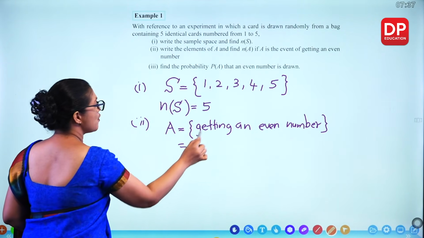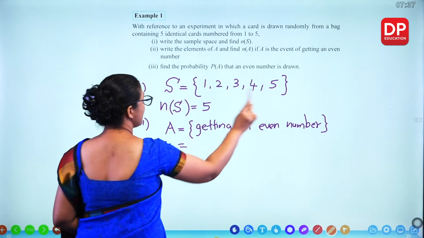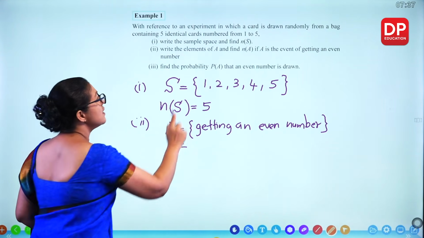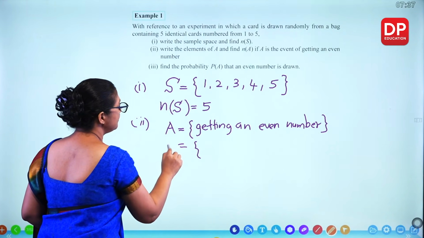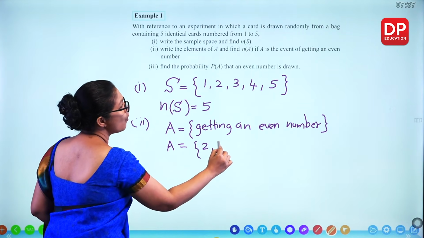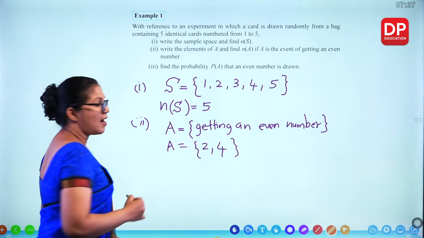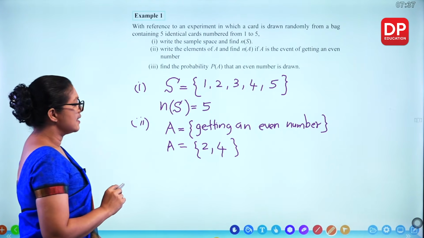So how can we find out the probability of getting an even number? How can we find out the elements or outcomes? What are the even numbers here? 2, 4 are the elements in the even set.